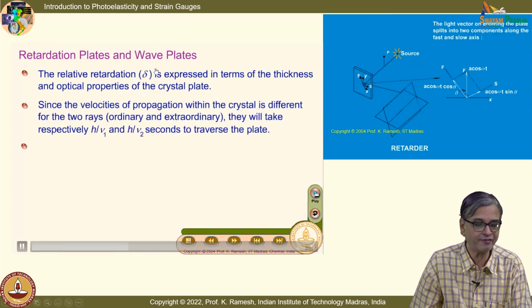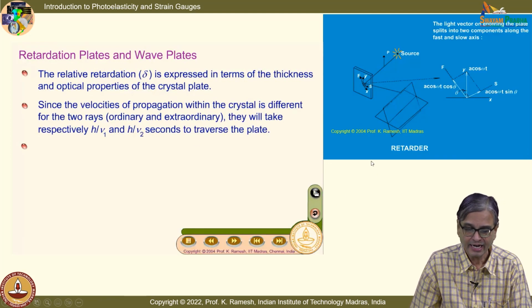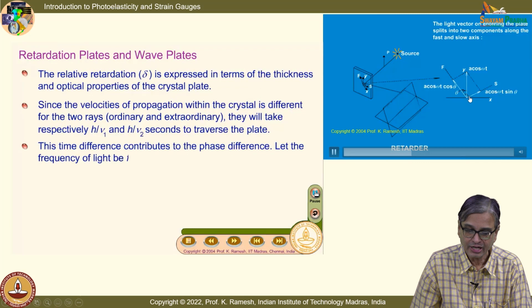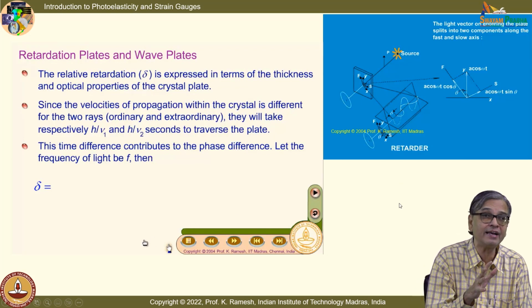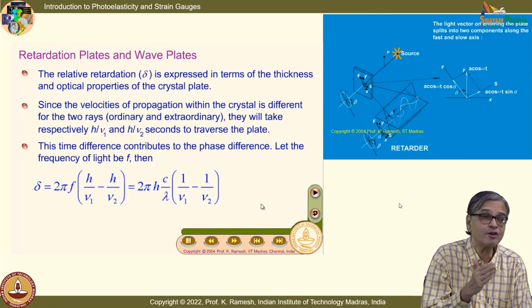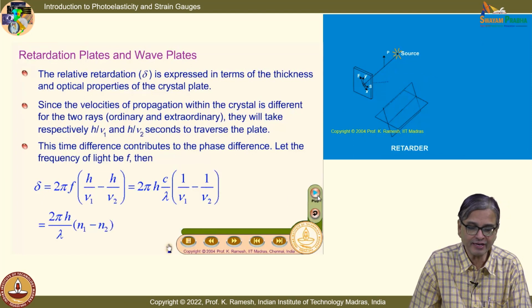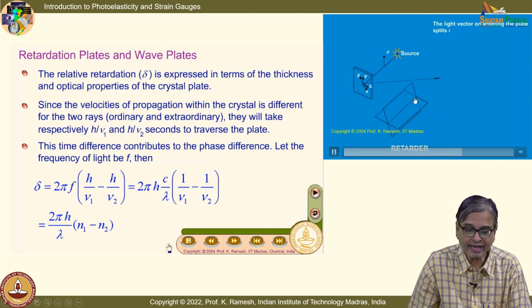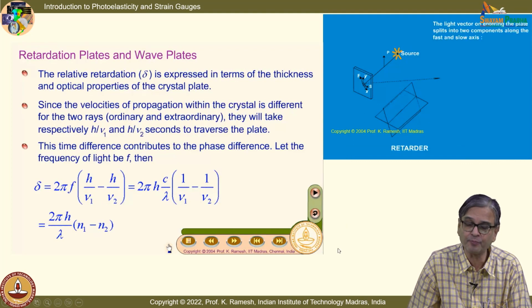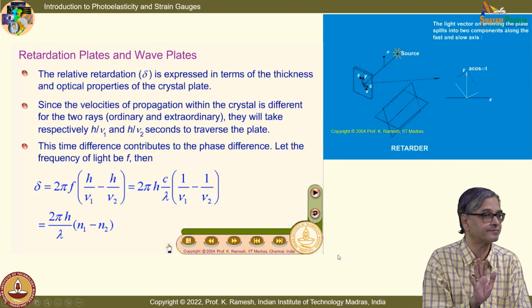Let the relative retardation be expressed as delta, and you can see here it gets resolved into two mutually perpendicular simple harmonic motions. You have a net retardation acquired when it exits the crystal. The thickness is constant for both the ordinary and extraordinary rays. Fine.